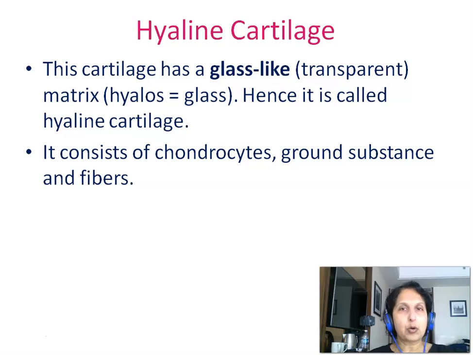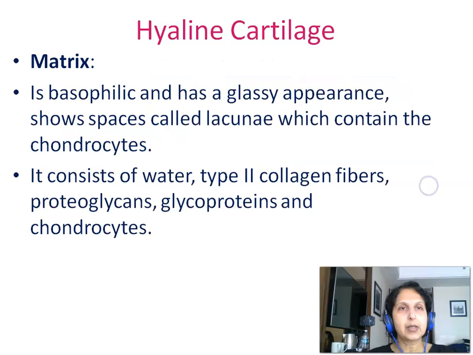It consists of chondrocytes, ground substance, and fibers. Matrix. It is basophilic and has a glassy appearance, and shows spaces called lacunae which contain the chondrocytes. It consists of water, type 2 collagen fibers, proteoglycans, glycoproteins, and chondrocytes.